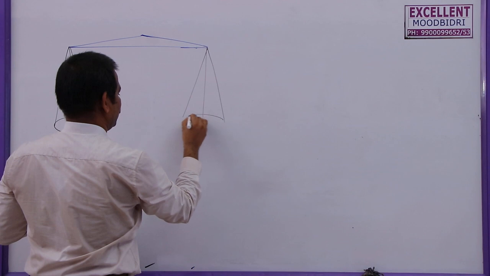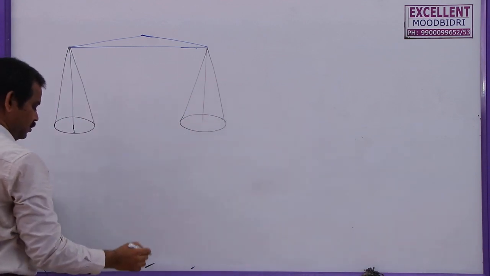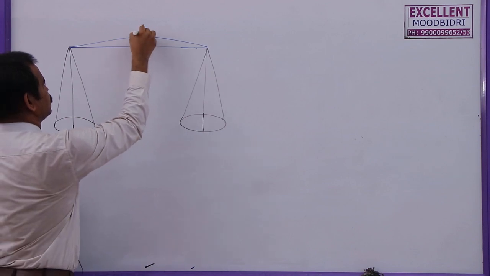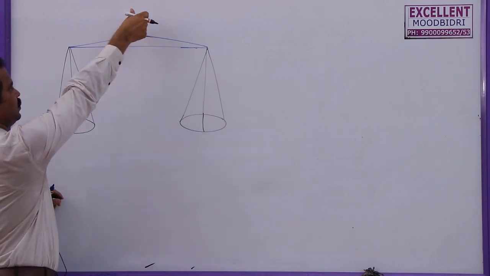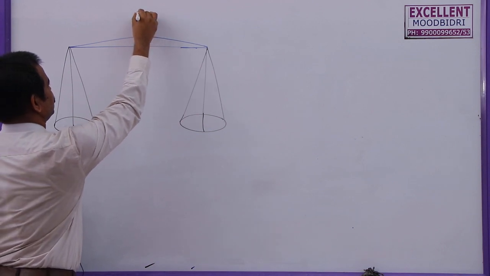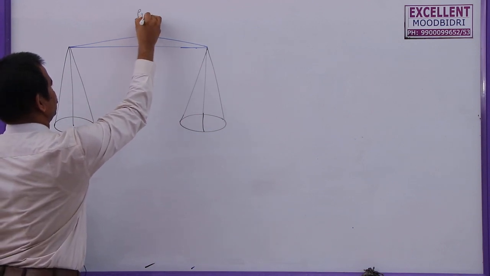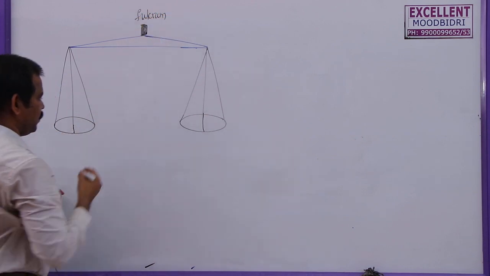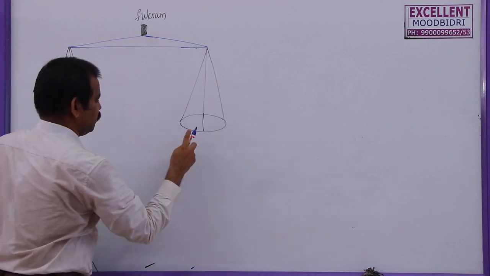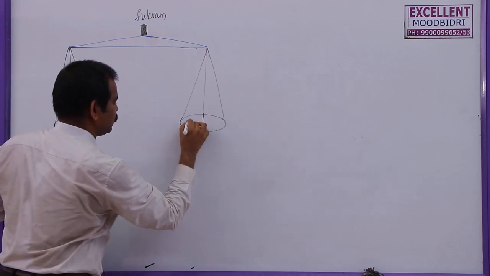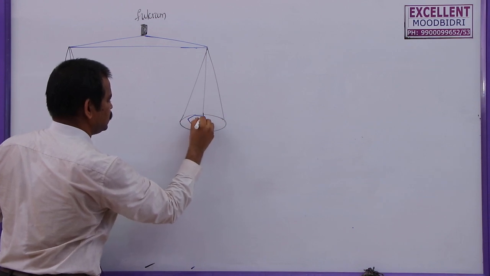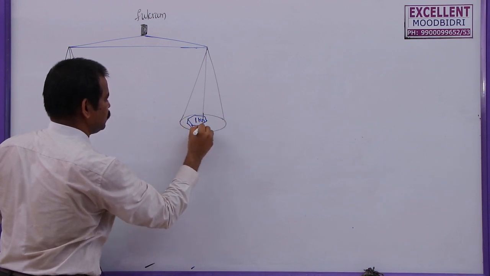The vendors will hold the center of this, and we can say this point is the fulcrum of this common balance. While holding, let us say we kept a 1 kg stone here. This is a 1 kg stone.